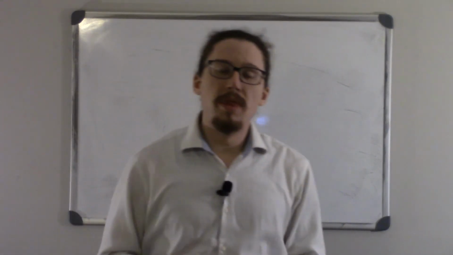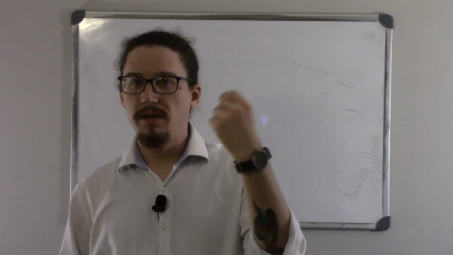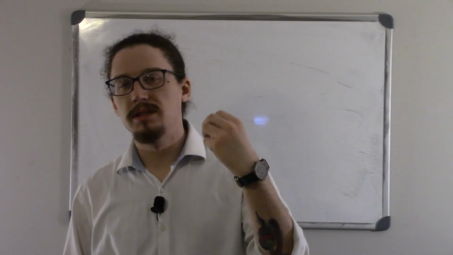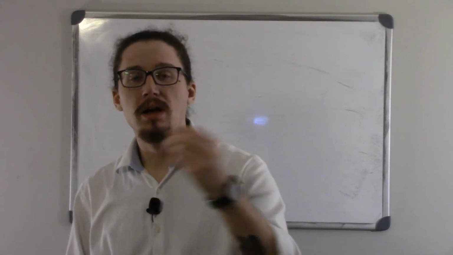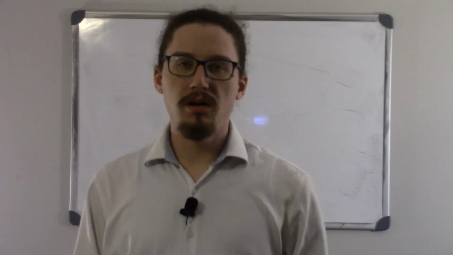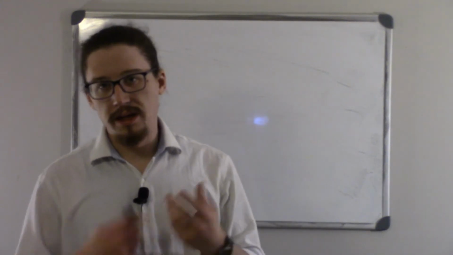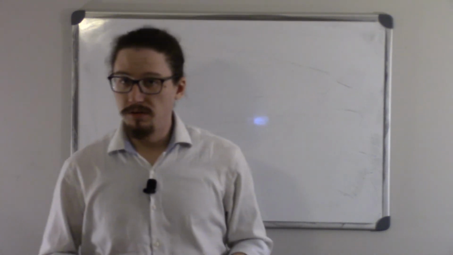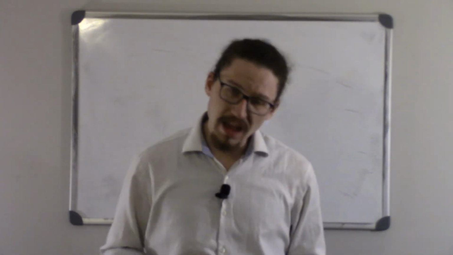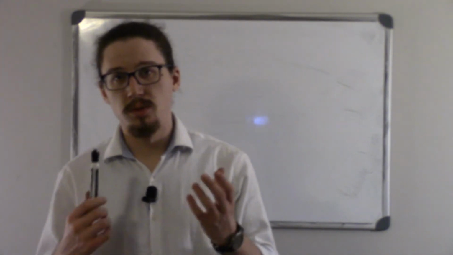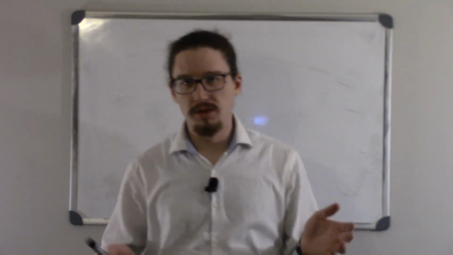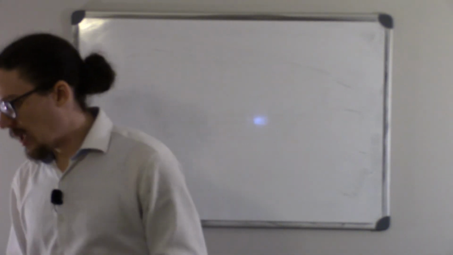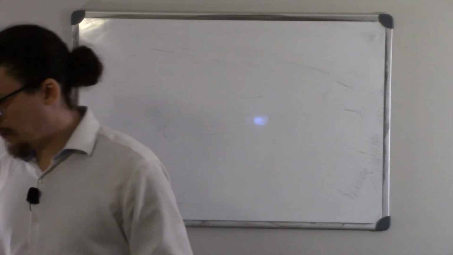When you open that, you're going to have three things: an exclamation mark, something that says nPr, and one that says nCr. The exclamation mark is your factorial function, and the nCr is your combinations function. Don't worry about the nPr. We're not going to use it in this class.